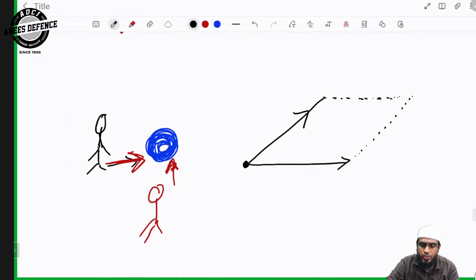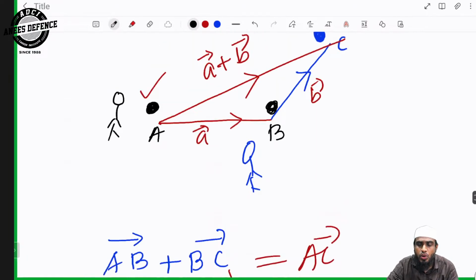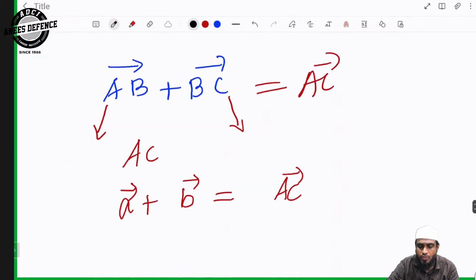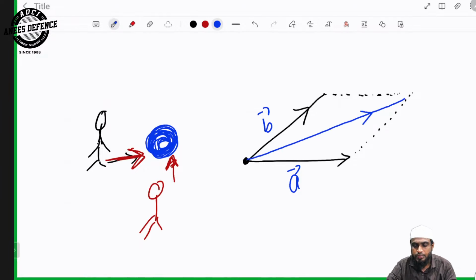In triangle law of addition, the third side represents the sum of the other two vectors. In parallelogram law of addition, the diagonal represents the sum of two vectors. For example, here A, here B, the resultant can be represented as the diagonal, A plus B.